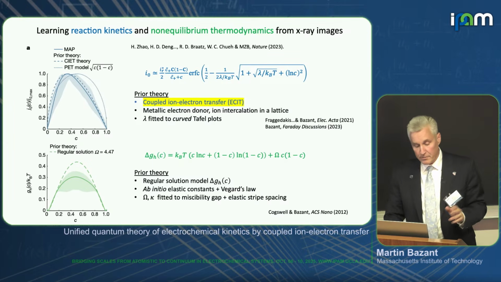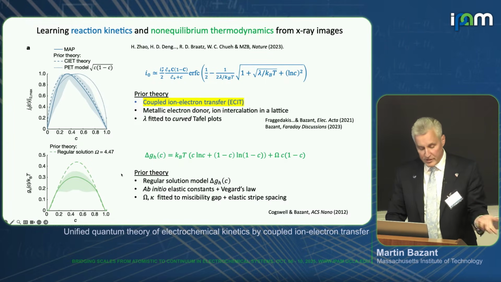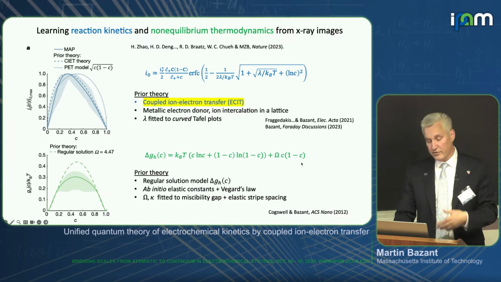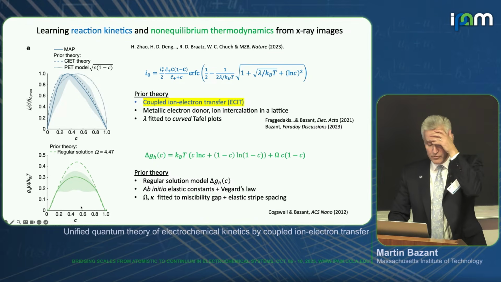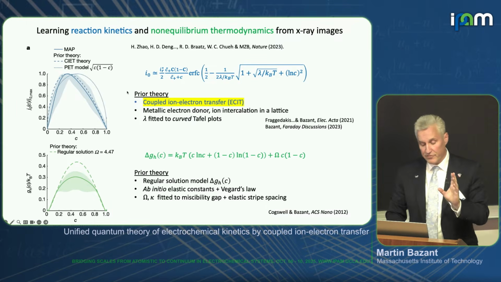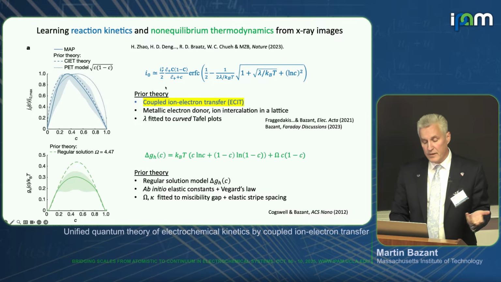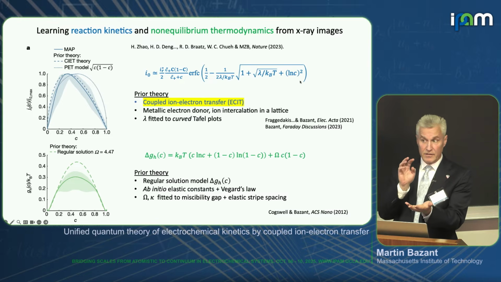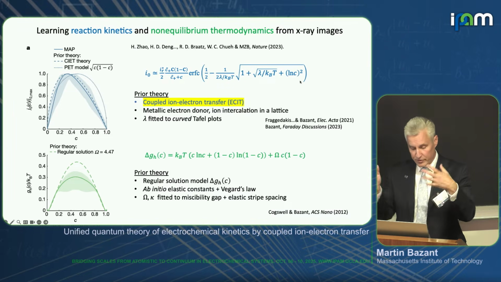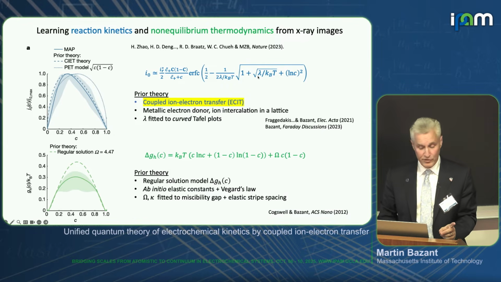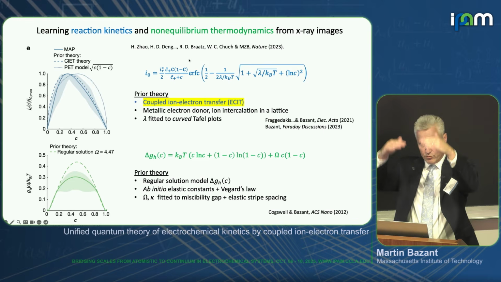The important thing for this talk is what we learned from that. We did learn something about the thermodynamics, instead of this regular solution model that we and many other people have used. We got something a little bit more squashed, which is interesting. But what I want to focus on is that the exchange current versus concentration has a certain shape. This is the expression from the CIET formula that I showed earlier, the Marcus limit where you have electron transfer limited, and you take the lambda that I measured with Peng in 2014, with no fitting except to rescale the curve.